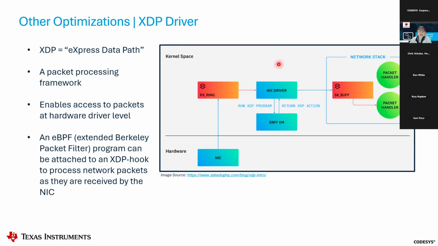But with XDP, or with a network driver that has XDP support, the Ethernet packet can essentially be processed as close to the hardware as possible, thereby bypassing a lot of the networking stack layers within the kernel space itself.